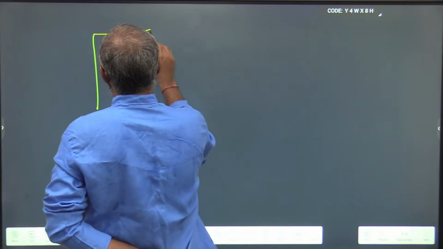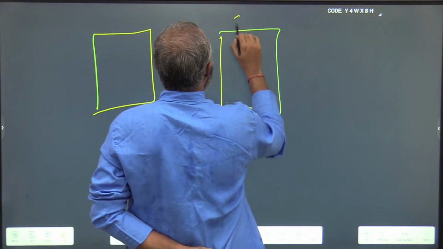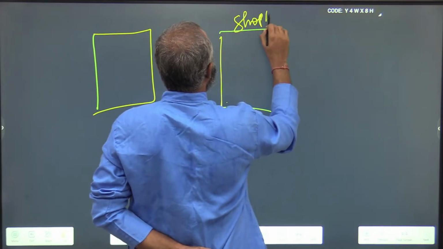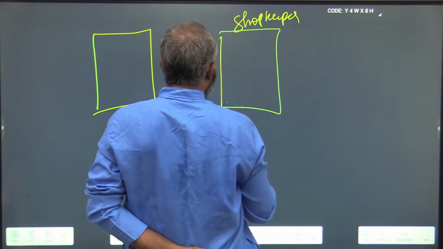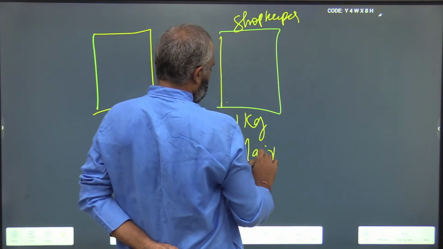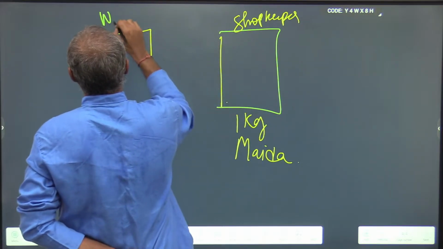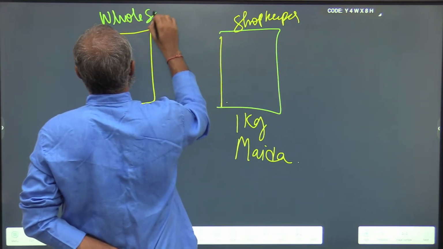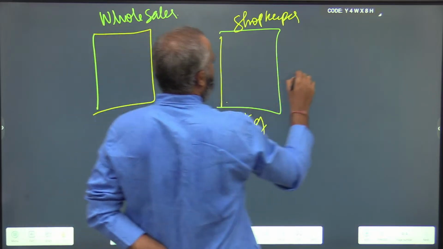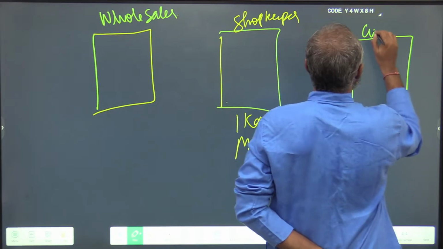Suppose, for example, take a practical example, a shopkeeper sells 1 kg maida. First, he needs to buy from the wholesaler, and he sells this to a customer.